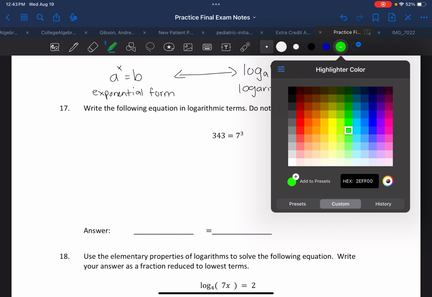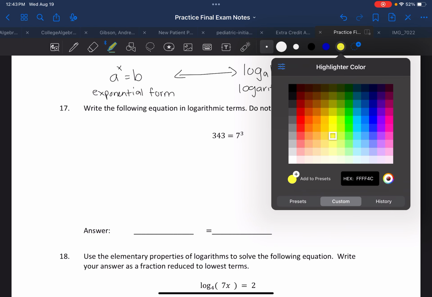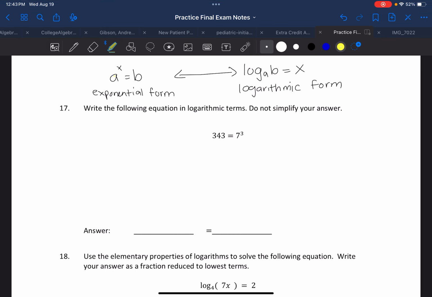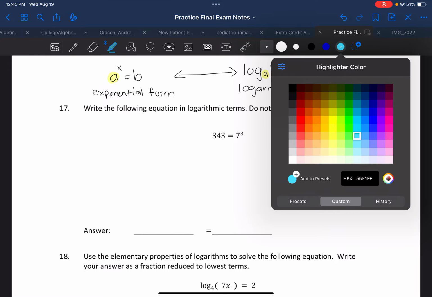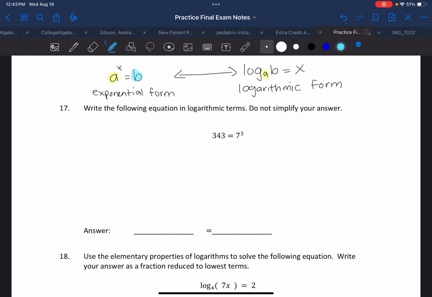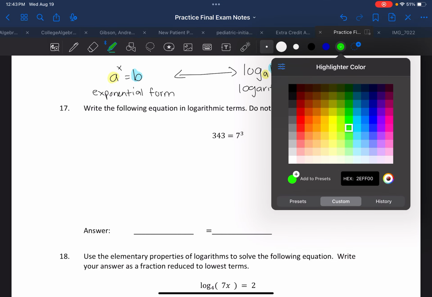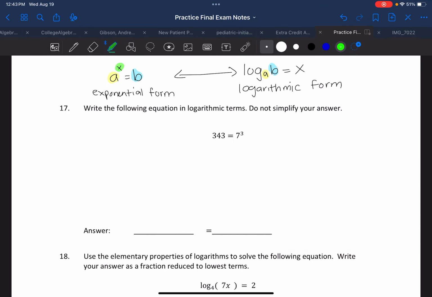So what this means is that if I have something in exponential form and a is the base of my exponent, then a will be the base of my log. And whatever the exponential form is equal to, which is b here, this will be the expression inside of my log, and then the exponent is always equal to the log, because that is what a log is.